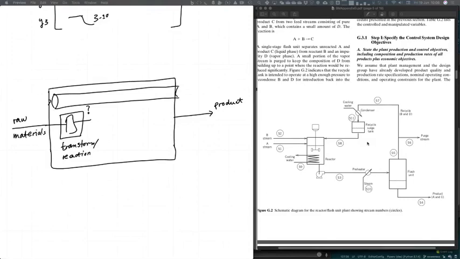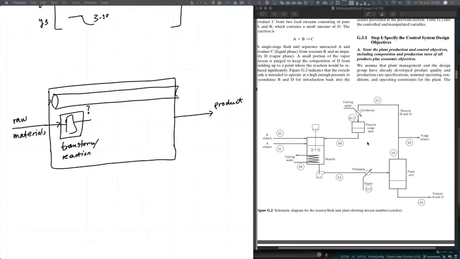And you can imagine that the conversion, even if it's just a reactor, right, will be different based on the amount of flow that you put into the reactor. And most of you have had reaction kinetics or reactor design, and most of you will know that there is a sweet spot for residence time. If the residence time is too low, you get very low conversion. And so, again, maximum throughput is not the best, right?